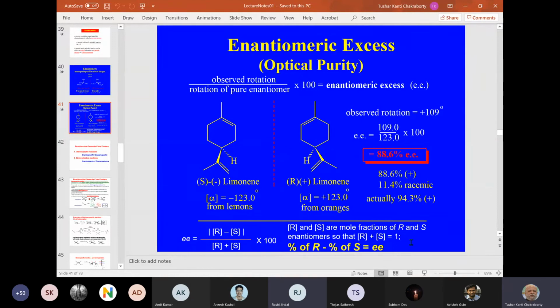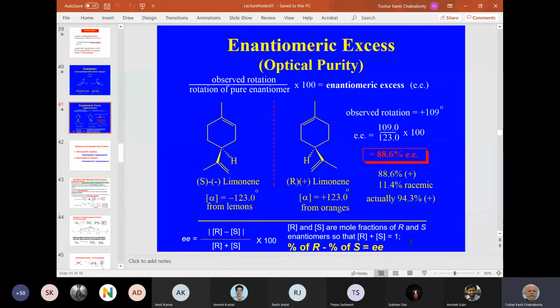Yeah, tell me. Let's say the observed rotation is 109, but then from the alpha value, at what concentration is it considered? Are these two considered at the same concentration?